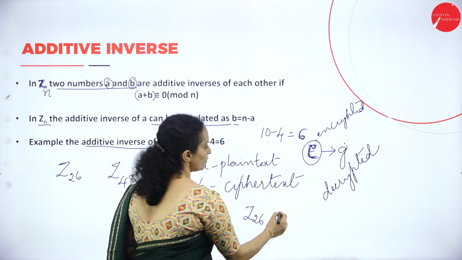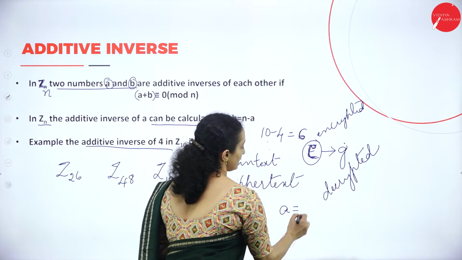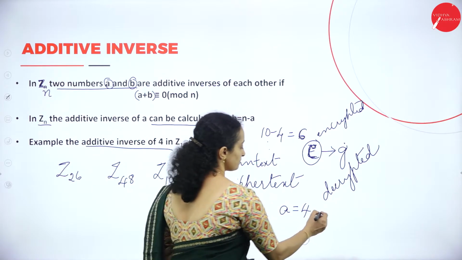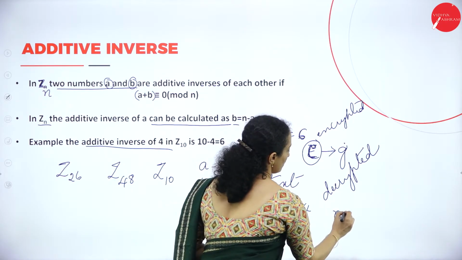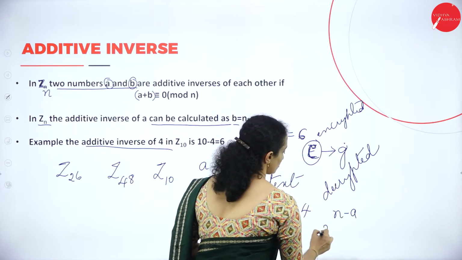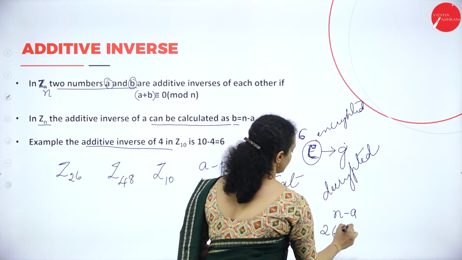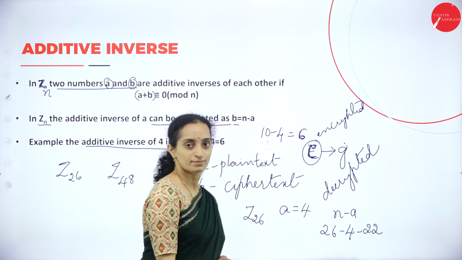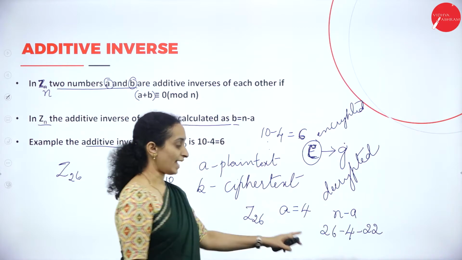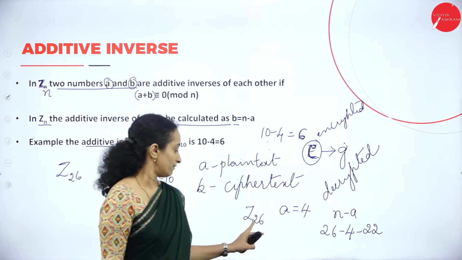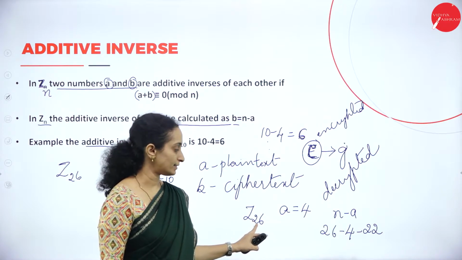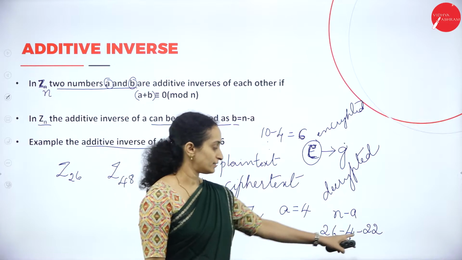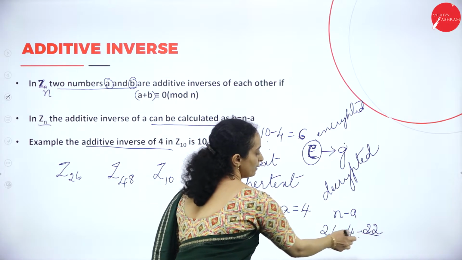If the value of A is 4 only, you calculate N minus A, that means 26 minus 4 will give you 22. So, the additive inverse of 4 with N equal to 26 will be 22. So, this is the additive inverse.